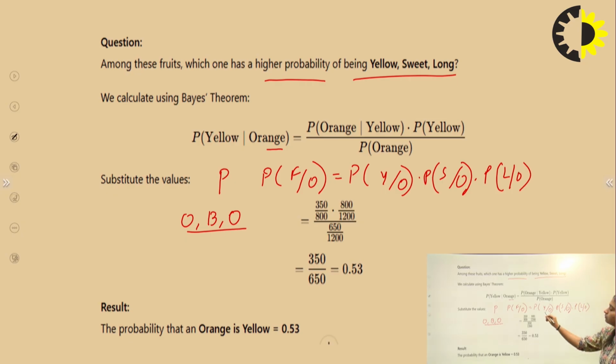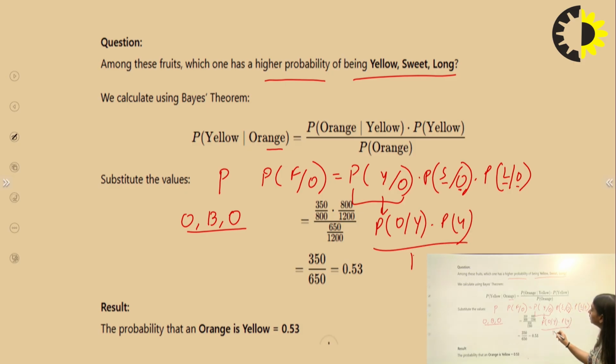So you will find these values: probability of yellow by orange, probability of sweet by orange, probability of long by orange. Expanding this formula by applying the Bayes theorem, I got P(O|Y) dot P(Y) divided by P(orange). Simply put in the values.